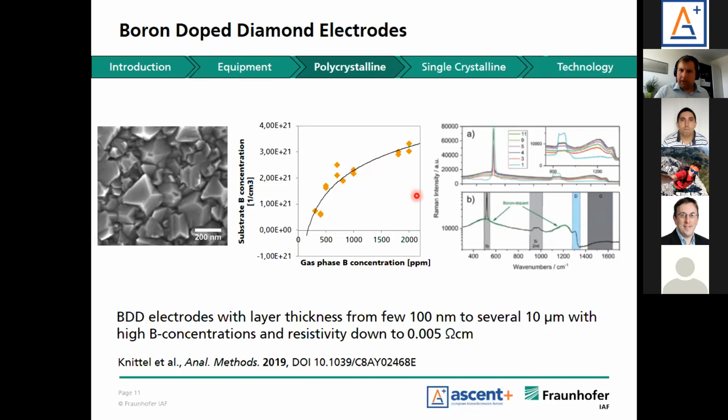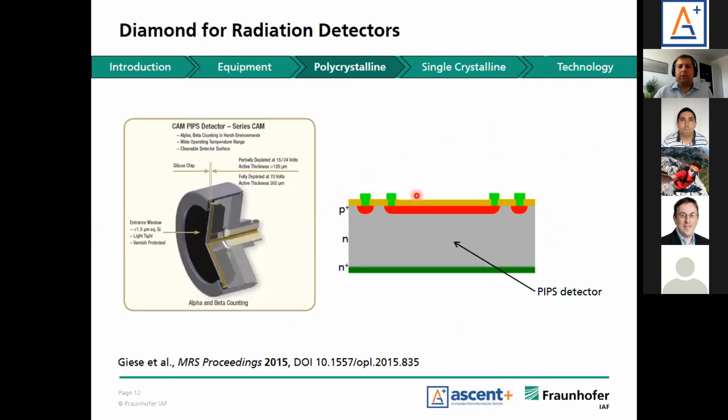I also added one slide here because there was a question before during registration if we've done work on radiation detectors, and actually also almost 6 years ago there was a project where a standard PIPS detector for alpha and beta counting was developed. You can look up this paper here. We have put a diamond electrode on top of such a PIPS detector.